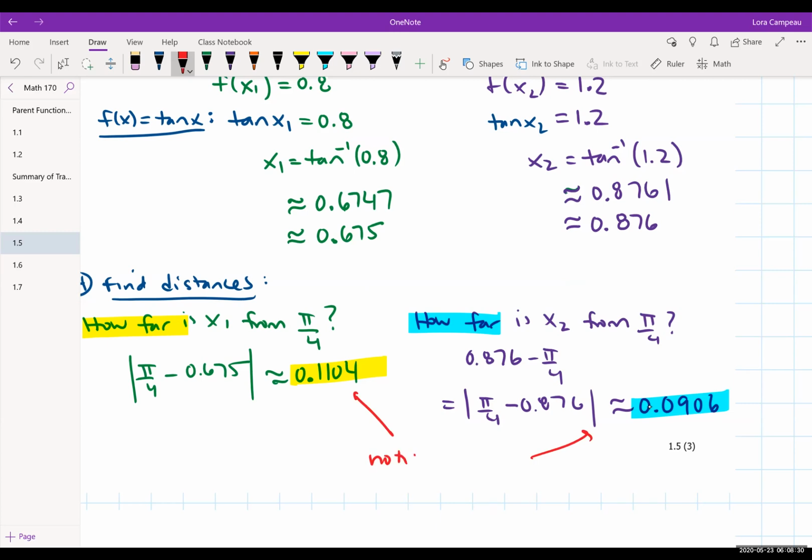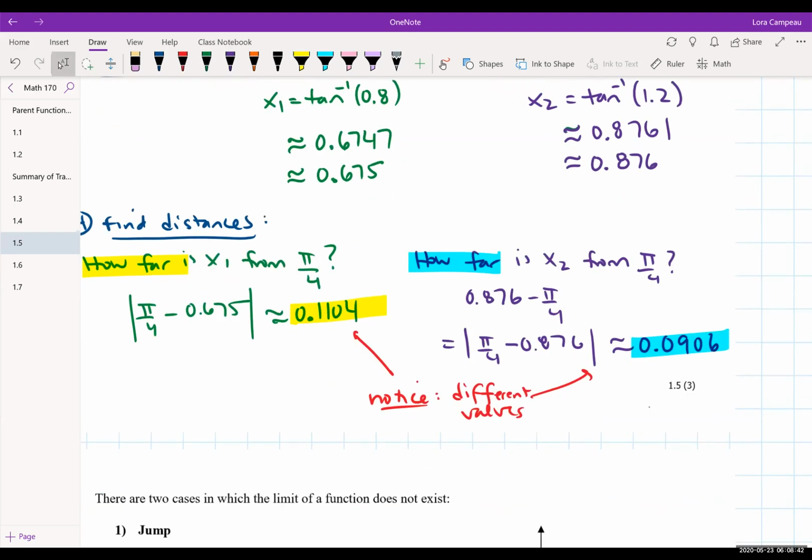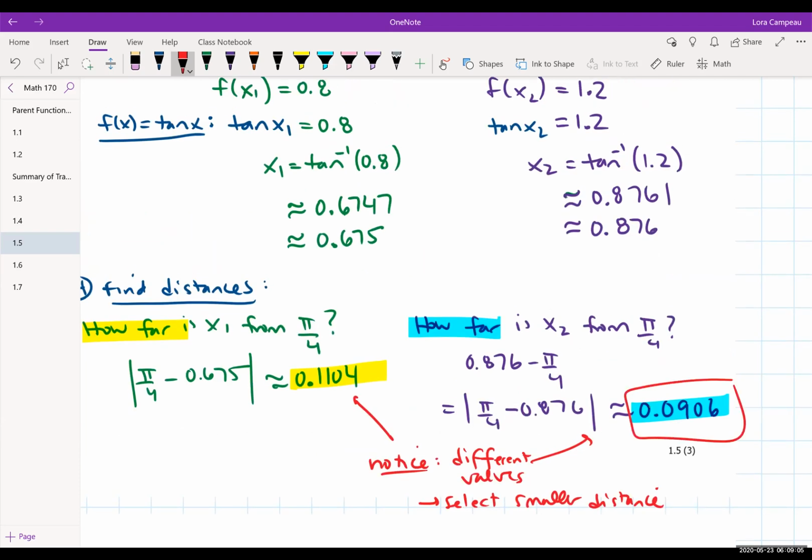And the reason why we have different values is because we have a nonlinear function. So our job would be to select the smaller distance. And if we were to do this, we want to be careful. We know for sure that it appears that 0.0906 is smaller, the way we see it.